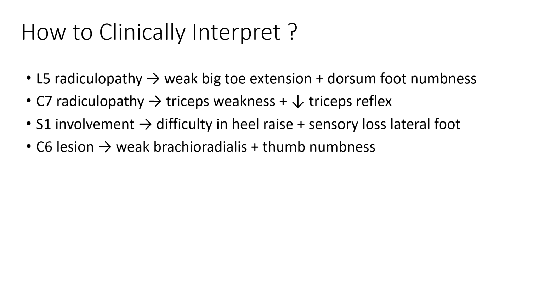Further investigation is needed to confirm the diagnosis. Difficulty in heel raise plus sensory loss in the lateral foot means there is S1 involvement, and weak brachioradialis plus thumb numbness means it can be a C6 lesion.